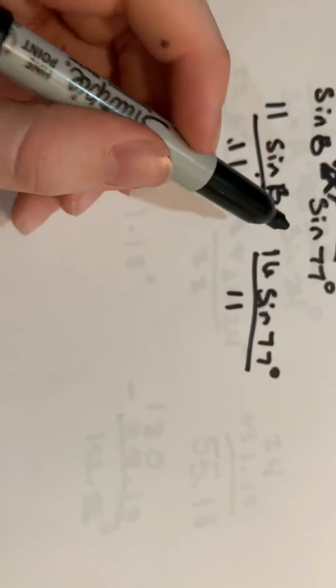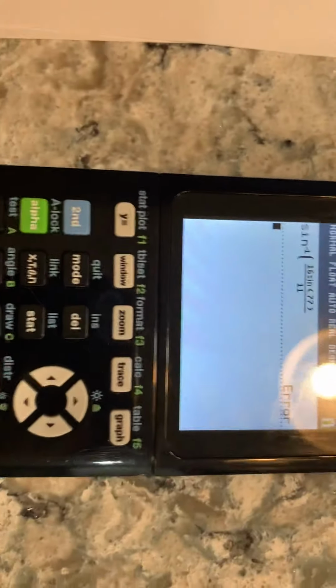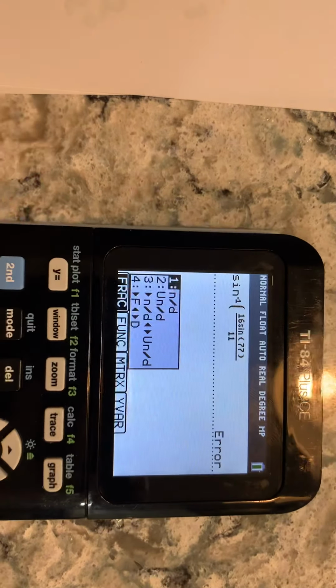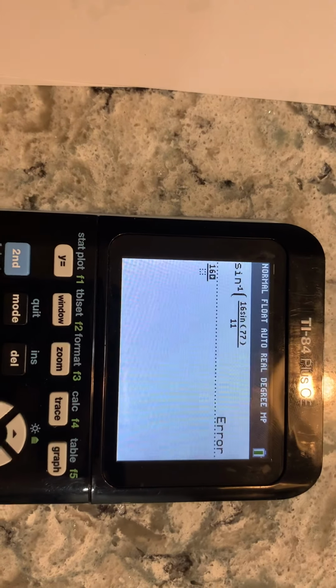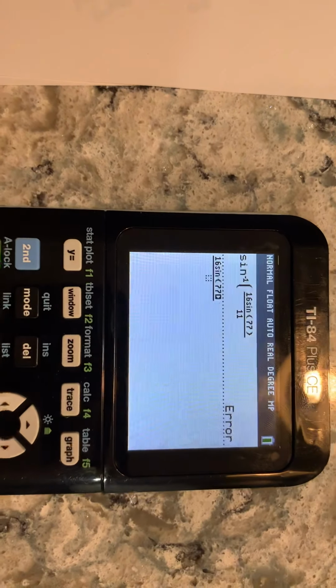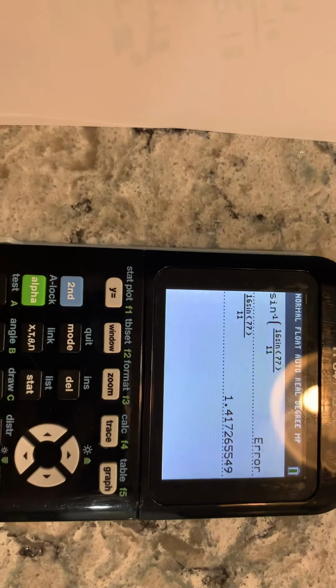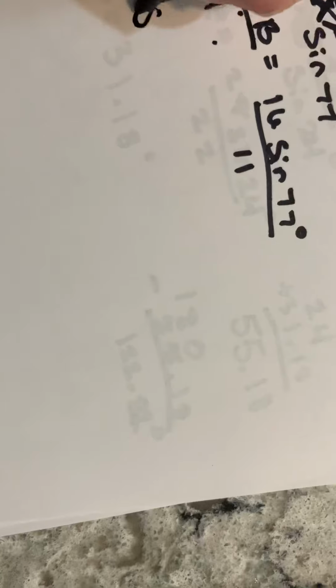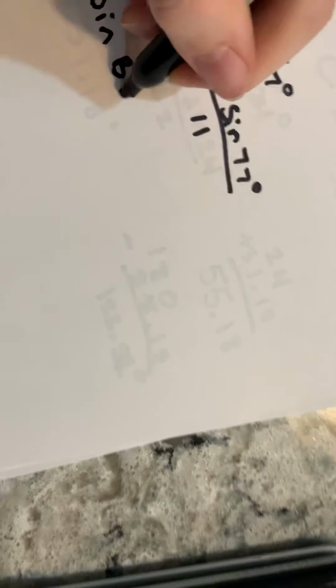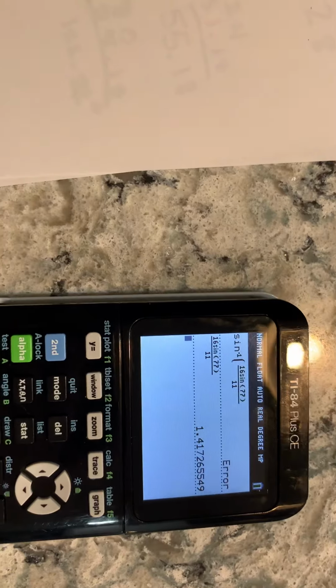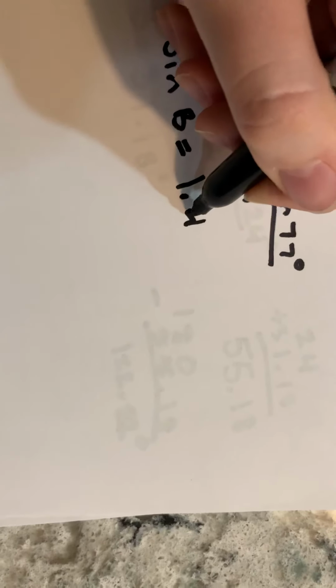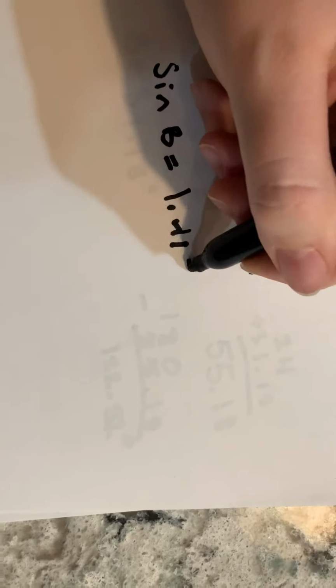So if we were to just plug in this part into the calculator, the sine of b would be equal to 1.417. The function does not exist because this is greater than 1.